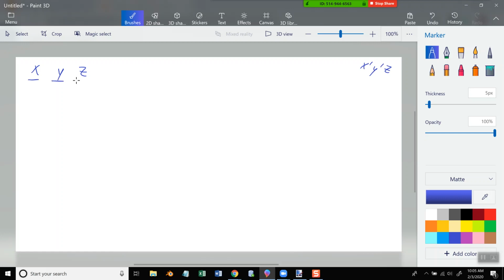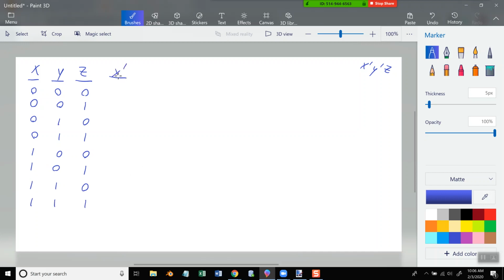Probably won't get these in the same order as what they do, but I'll get all of them listed. 0, 0, 0, 0, 0, 1, 0, 1, 0, 0, 1, 1, 1, 0, 0, 1, 0, 1, 1, 1, 0, and 1, 1, 1.